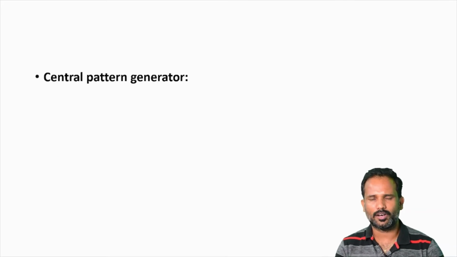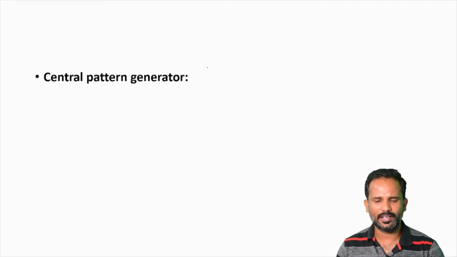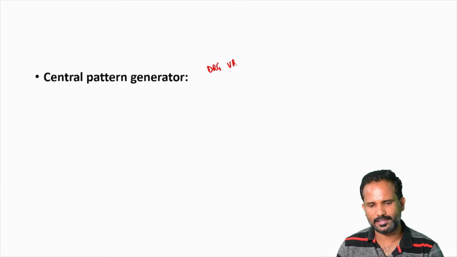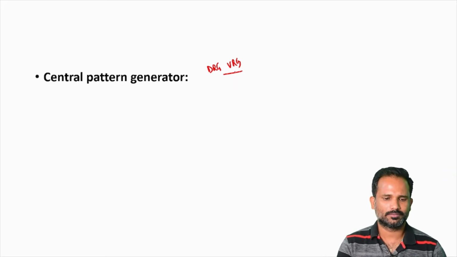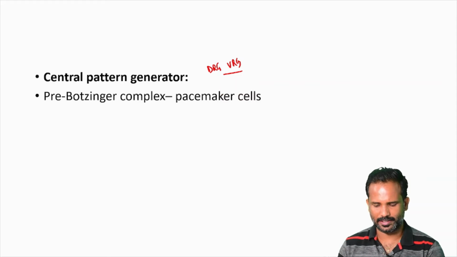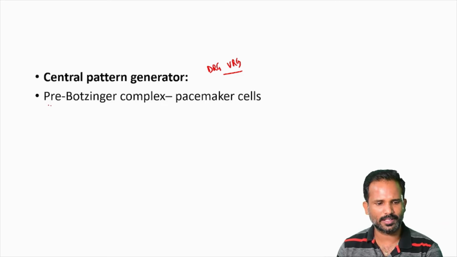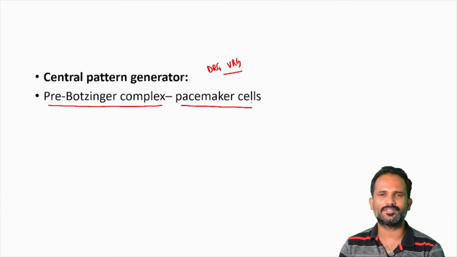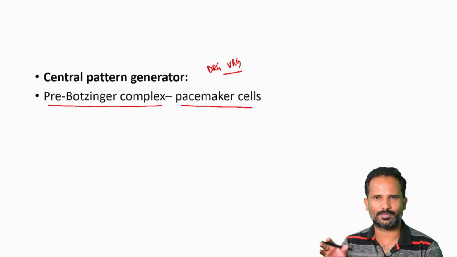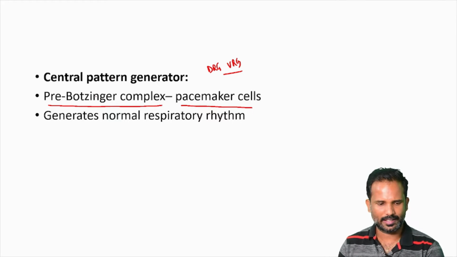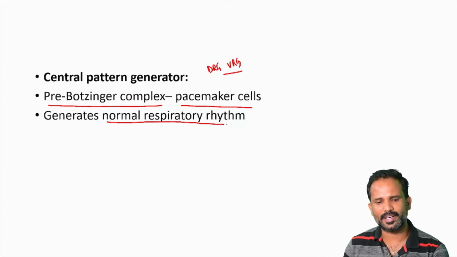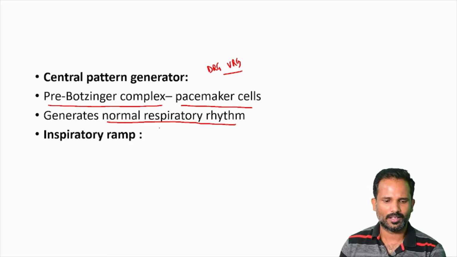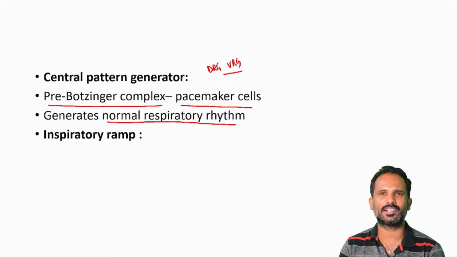And not only the DRG and VRG, near this DRG-VRG complex we have a central pattern generator. The central pattern generator is nothing but the pre-Botzinger complex, which contains pacemaker cells. These are the ones which initiate the stimulus to the dorsal respiratory group of neurons, and it generates the normal respiratory rhythm. The inspiratory rhythm is also called the inspiratory ramp.